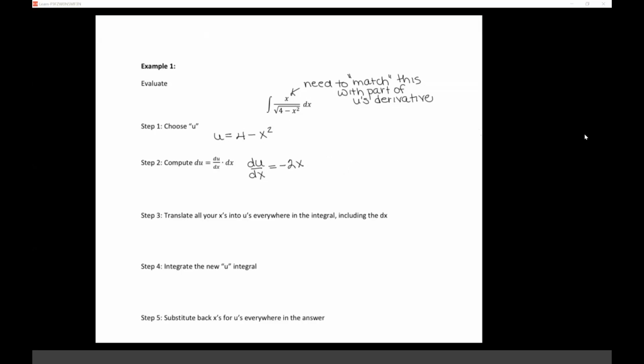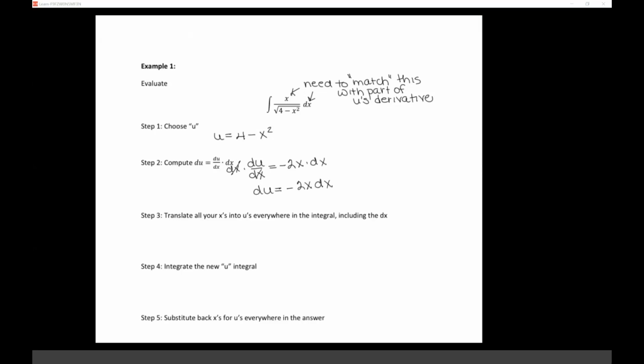I also have dx, which is not over here. Well, I can fix the dx part by multiplying both sides of this by dx. So now I have du equals negative 2x dx. I'm close now. I have x dx, but I still need to get rid of the negative 2 if I'm going to match this.